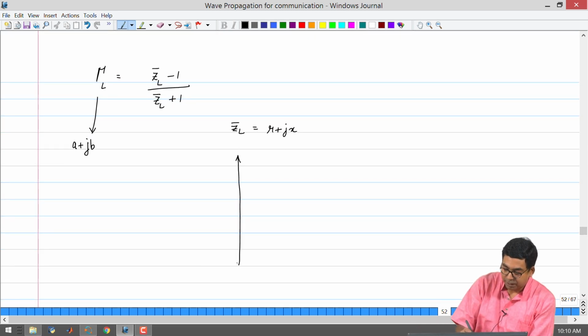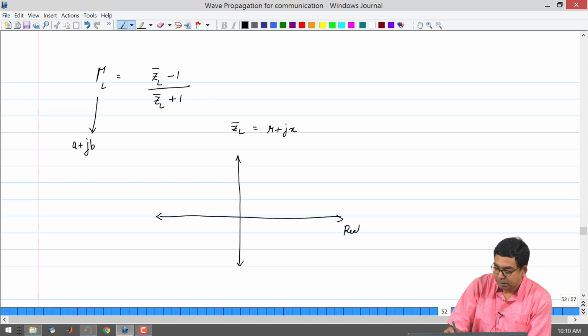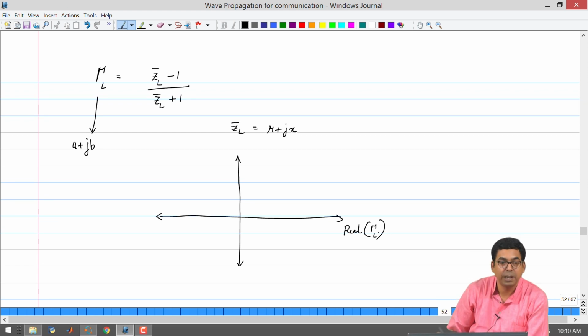It is going to have a vertical and a horizontal axis. The horizontal axis is going to be the real part of the reflection coefficient at the load in this case. It could be done for any location in the transmission line, but we are keeping it simple for the beginning, we are just calculating the reflection coefficient at the load.